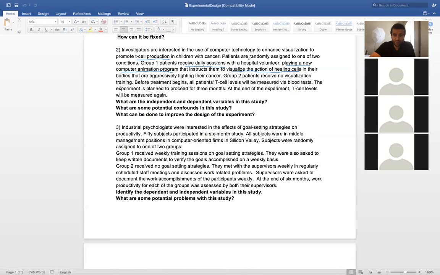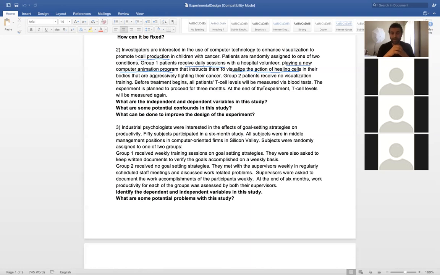So this visualization is our independent variable, right? If you read for group 2, patients receive no visualization. So the independent variable, the thing that we are trying to change throughout the experiment, is this visualization. So in one group they visualize certain activity on a screen or on the computer, and in the other group they don't have that kind of training.